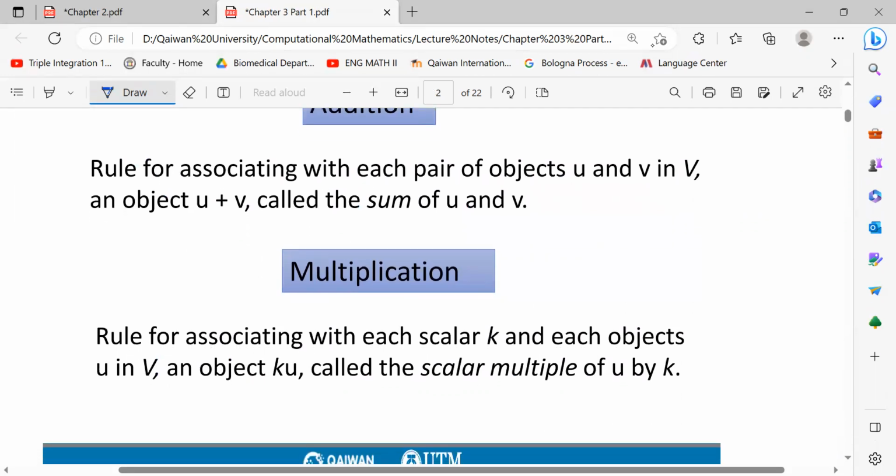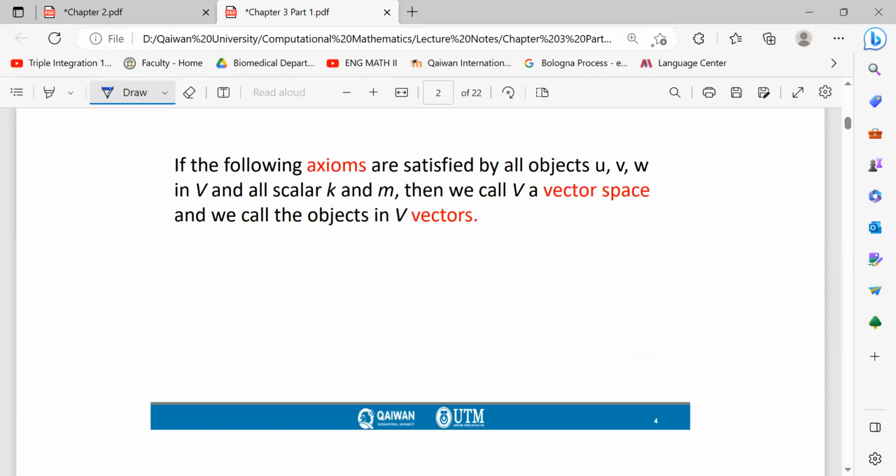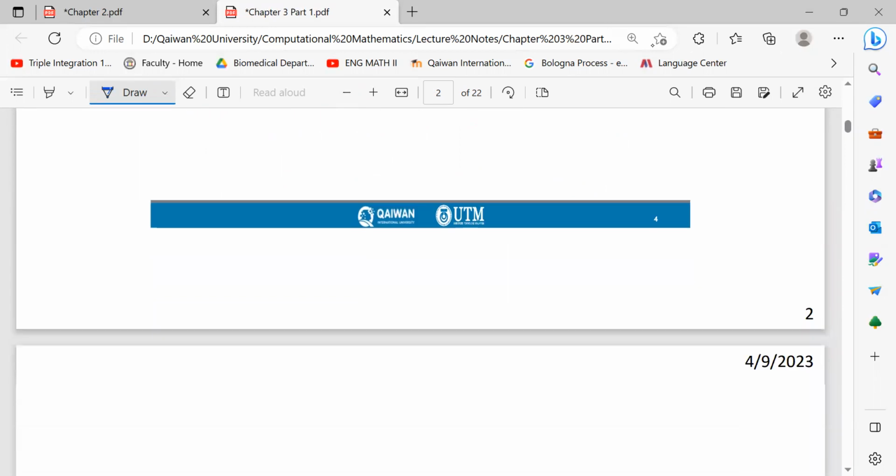We have 10 conditions actually, which the components of V must satisfy to say V is a vector space. We have 10 axioms, 10 conditions to show that a set is a vector space.